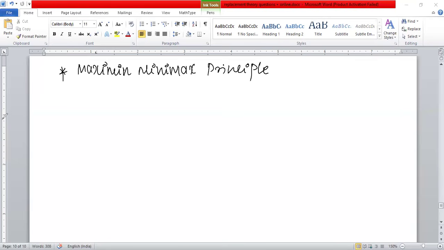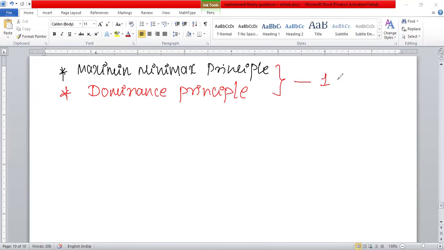Method number two, the dominance principle. In these two methods for the final exam, definitely one question, they can definitely ask you for the second POC.